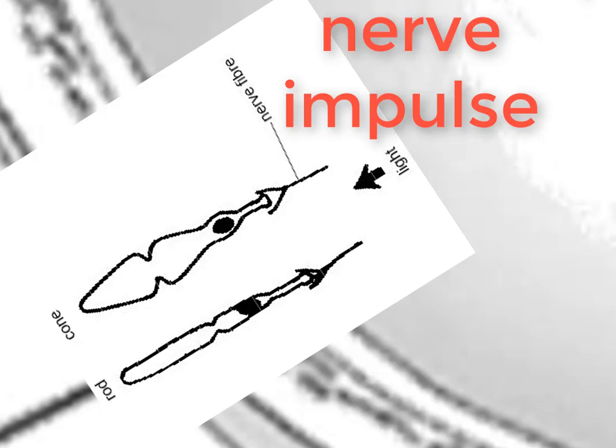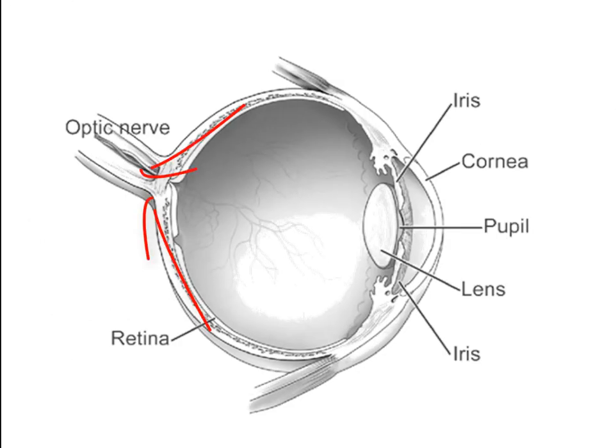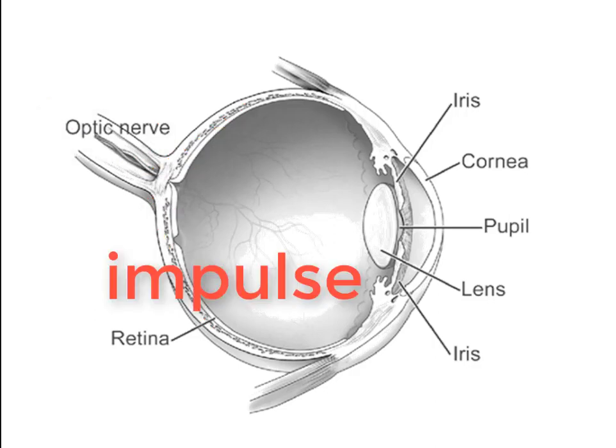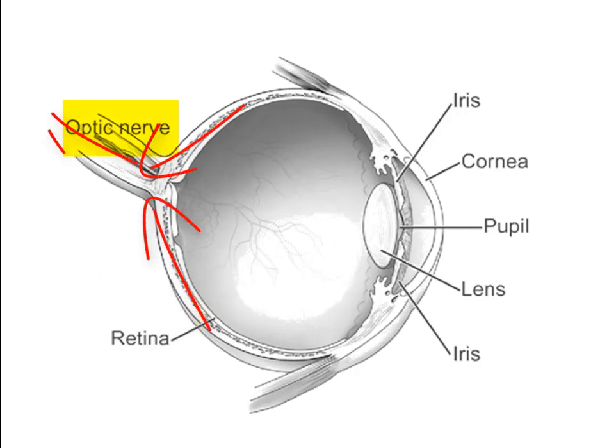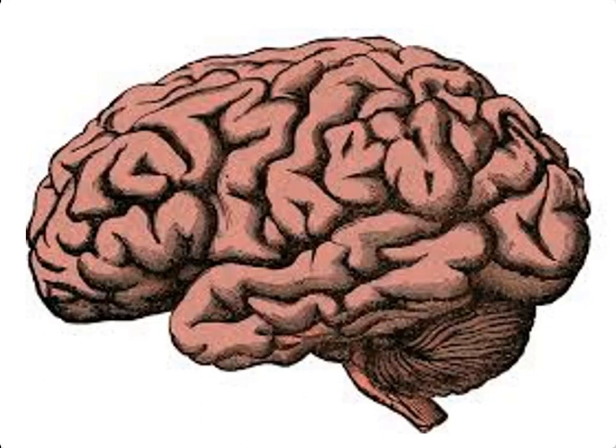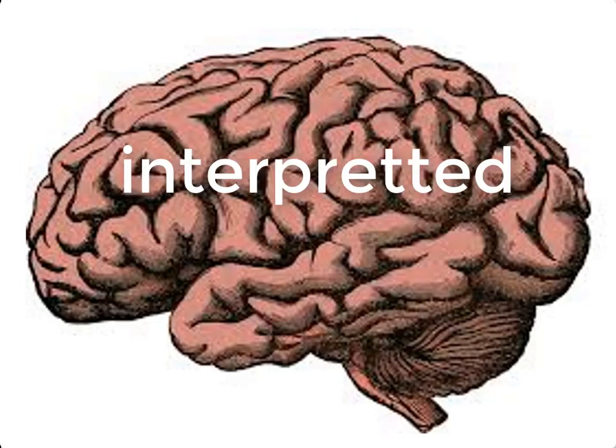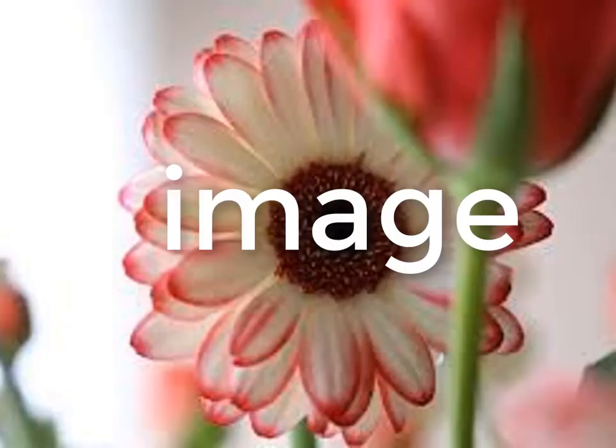Impulse is a message that is carried along nerves. Nerves are long, thin cells that carry messages from your sense organs to your brain or from your brain to your muscles. So in this case, the impulse, the message, is sent from the retina through the optic nerve to your brain. And there in your brain, that impulse is interpreted as an image, as a picture.